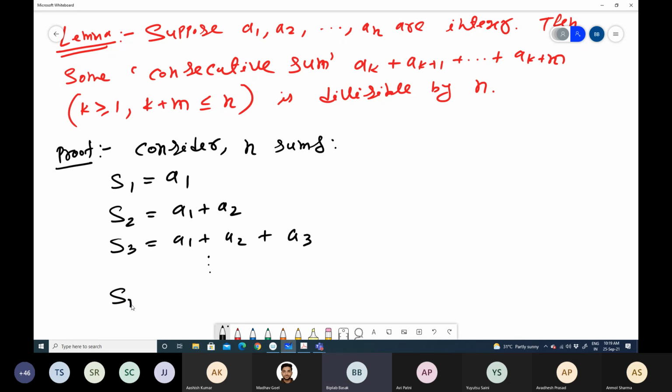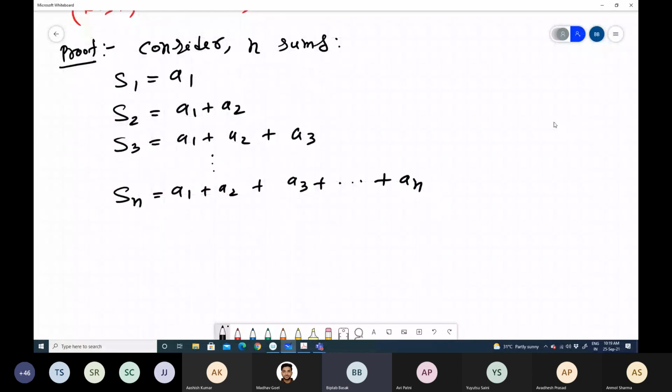In this way, Sn equals a1 plus a2 plus a3 up to an. So we are writing n consecutive sums, not all possible ways.